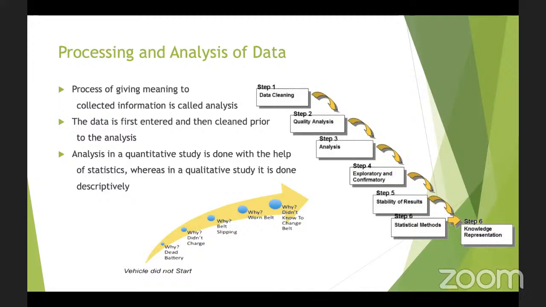Now, what is the meaning of process? Say in social research, you got some interviews that were conducted in regional languages. So first you have to translate that interview that you got in the regional language into the language in which the research is getting performed.